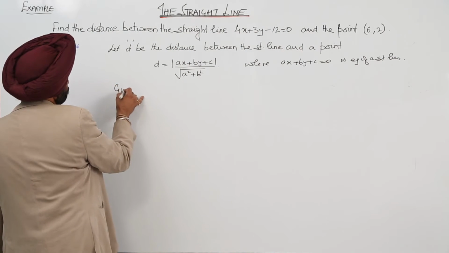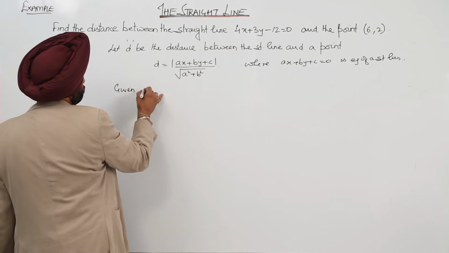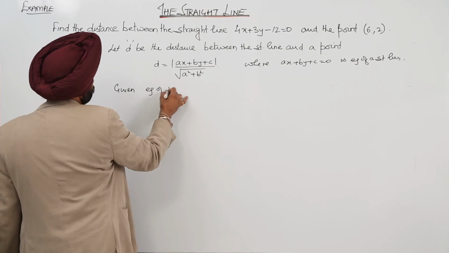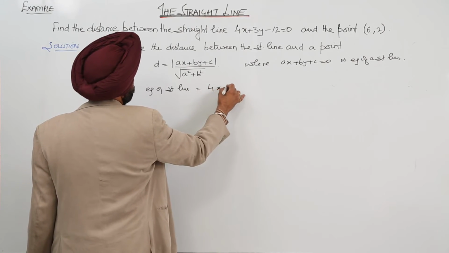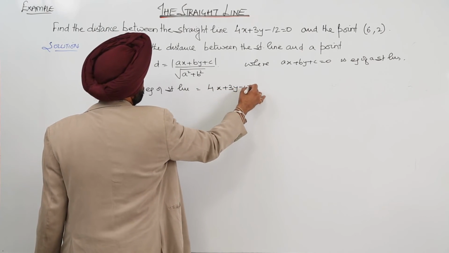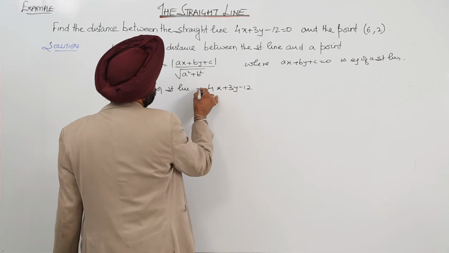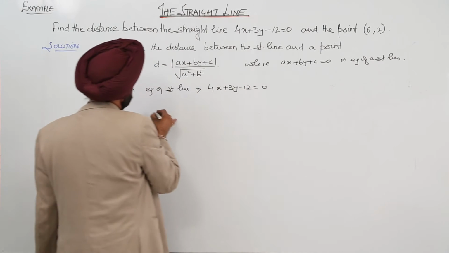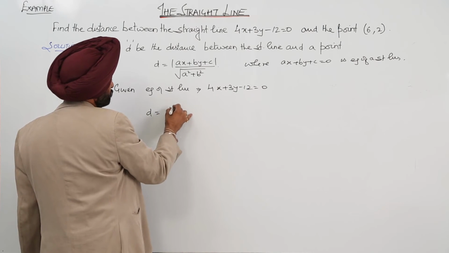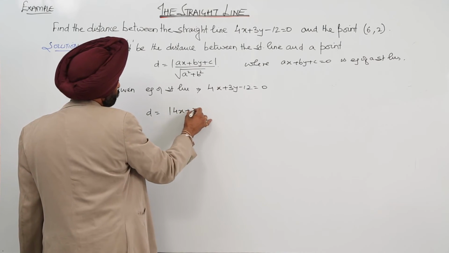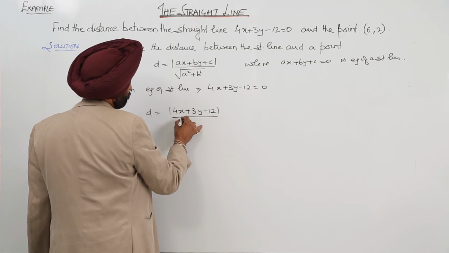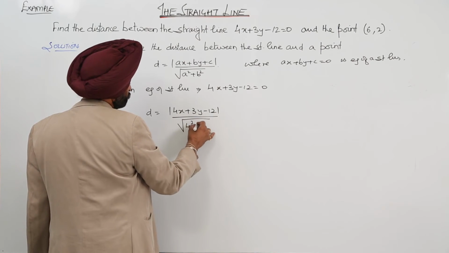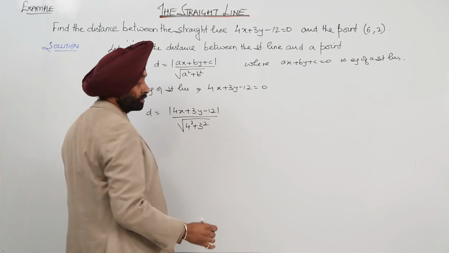Now given the equation of the straight line is 4x plus 3y minus 12 is equal to 0, D is equal to 4x plus 3y minus 12 upon square root of 4 square plus 3 square.